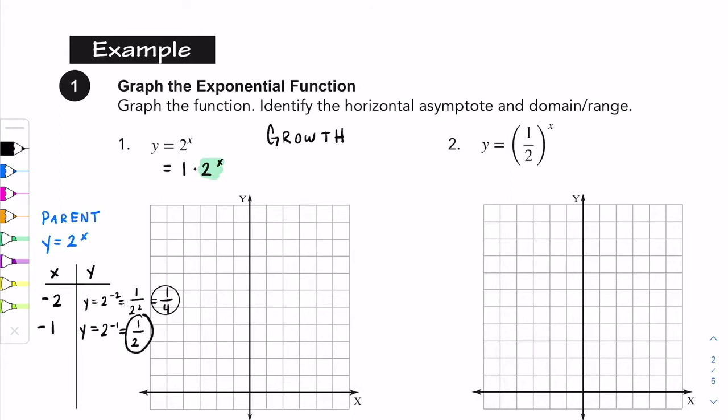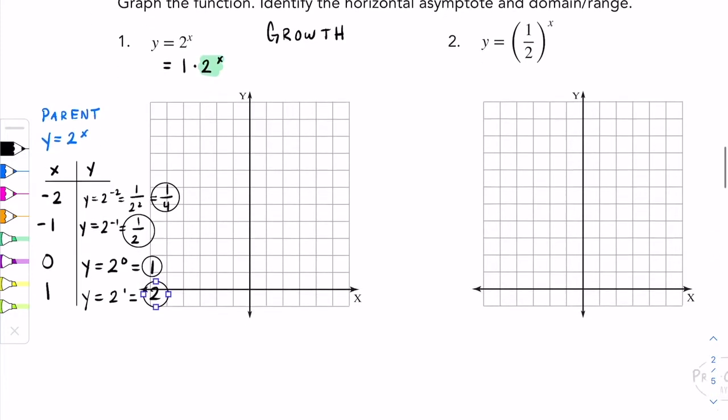If we test 0, our function is 2 raised to the power of 0, but anything raised to the power of 0 is 1. If we test +1, 2 raised to the power of 1 is 2. And lastly, if we test 2, 2 squared is equal to 4.